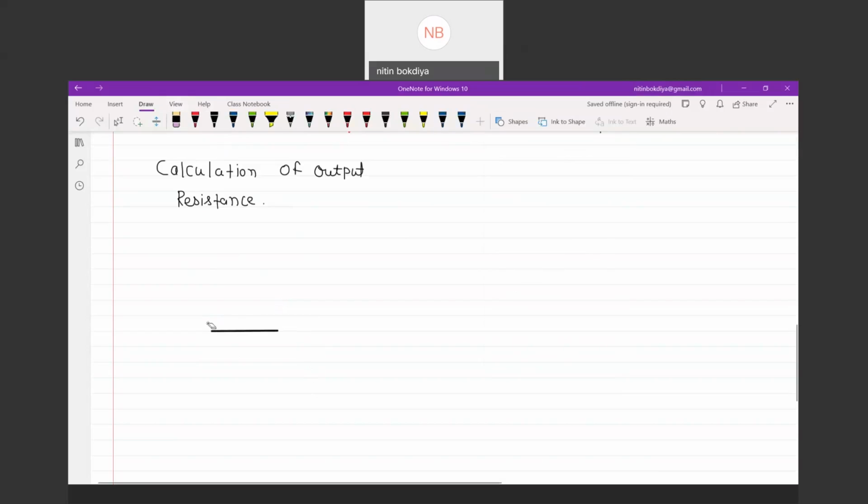This is our base terminal. Then we are having R pi 1. This is our Vi.